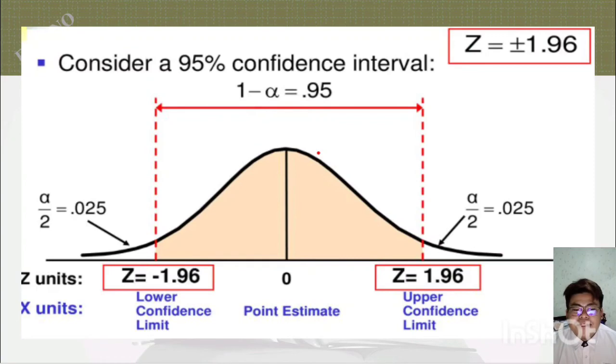Consider a 95% confidence interval. 1 minus alpha is equal to 0.95. Our point estimate is the center of the bell curve, which is 0, and we have the lower confidence limit and upper confidence limit, which are positive and negative 1.96 from the C table, and the left and the right tail, which is alpha over 2, is equal to 0.025.